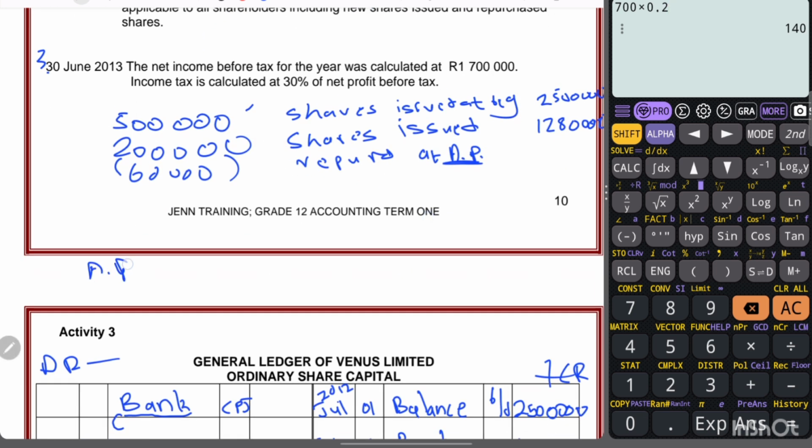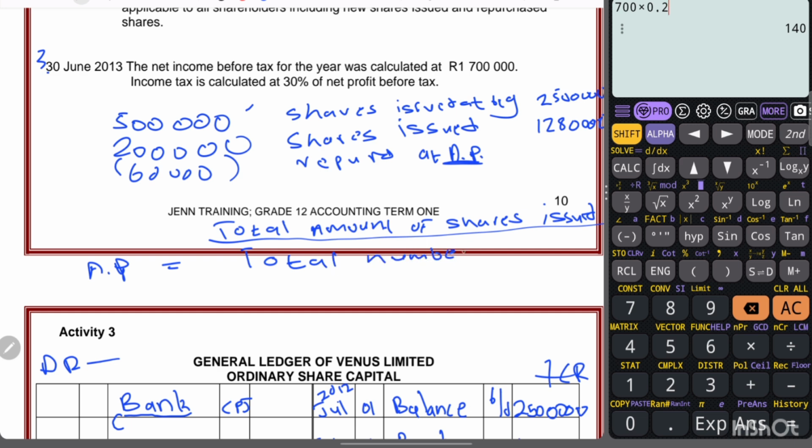Average price is equal to the total amount of shares issued divided by the total number of shares issued. In this case, when we talk about the amount, we talk about this amount.